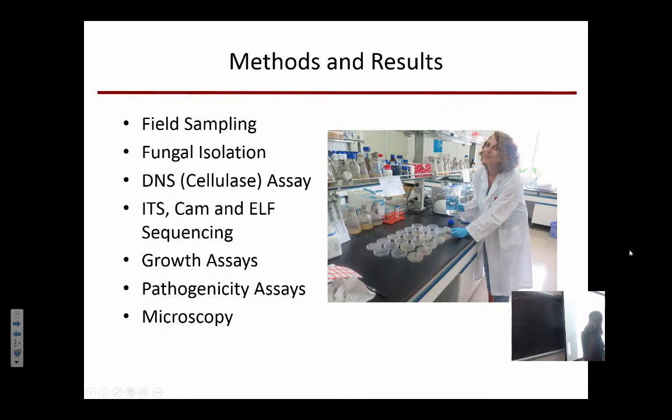I also did some growth assays and some pathogenicity assays to follow Koch's postulates, and then some microscopy. And you can see this is me here, I'm there at the lab in Fafu. Doesn't look much different than the labs here in the US. So in this image, I'm actually sterilizing some of the subsamples that I had taken from the field.